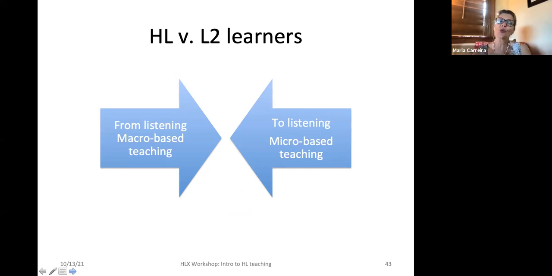With HL learners, you want to go top down, macro base. Whereas with L2 learners, you want to go bottom up, micro base. So again, I'm not going into this to teach you how to do mixed classes, but to get you to think about inverting some of the things that you've been doing very well with L2 learners. Now you have to turn them upside down when you're dealing with HL learners.